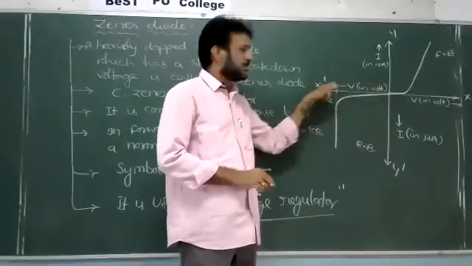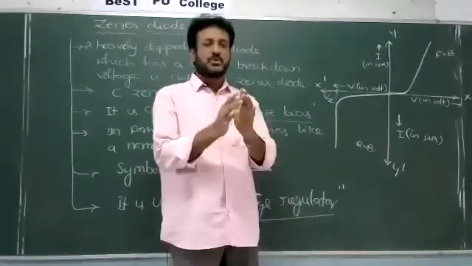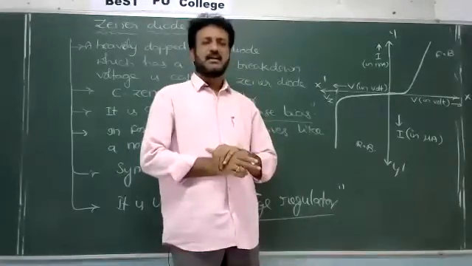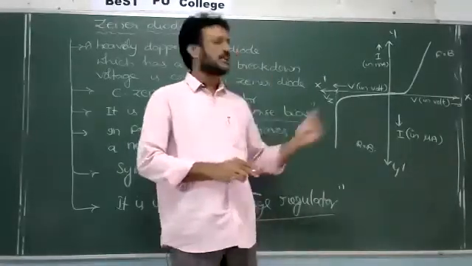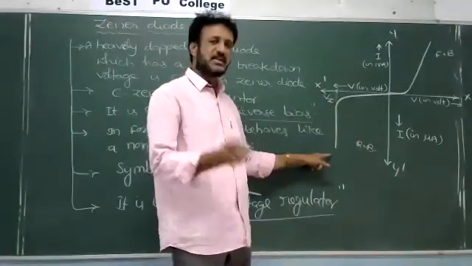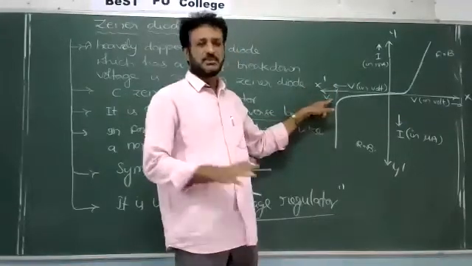Once it reaches the breakdown voltage, suddenly more covalent bonds break, more electrons and holes are available, and the current sharply increases.